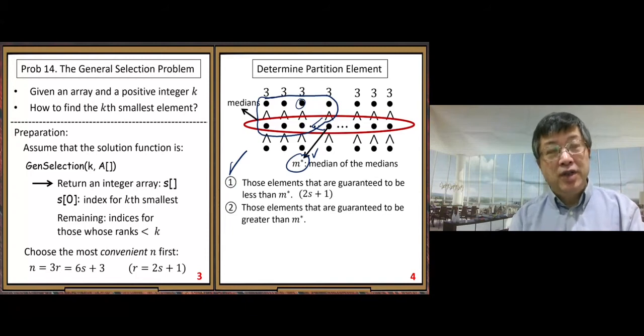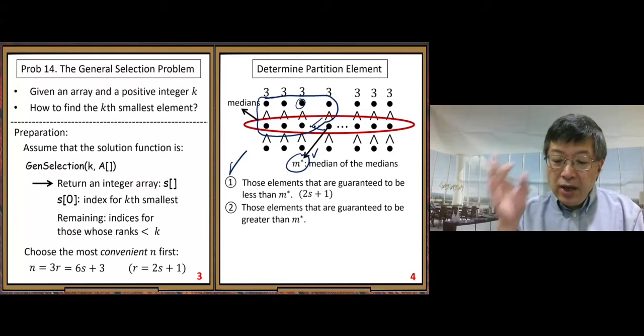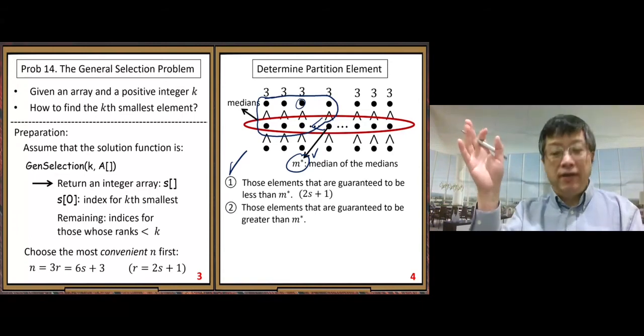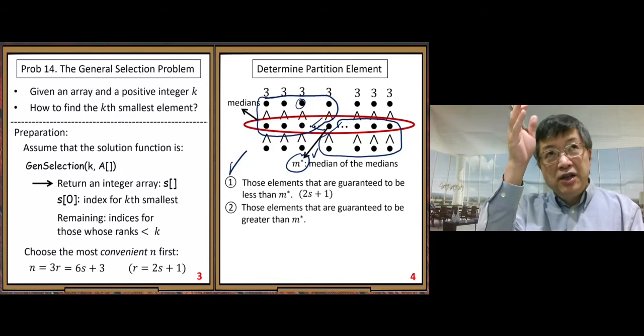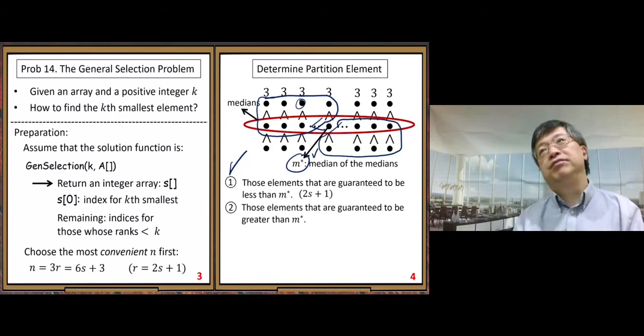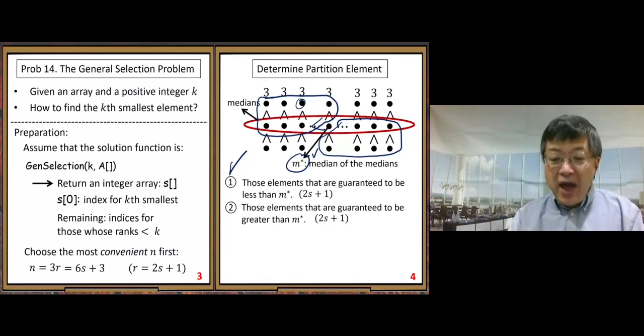Step 2, those elements that are guaranteed to be greater than M star. We can circle them in a similar way. These elements satisfy that condition, and you can see that easily. Still 2s plus 1 elements. Then the remaining elements, we do not count M star.